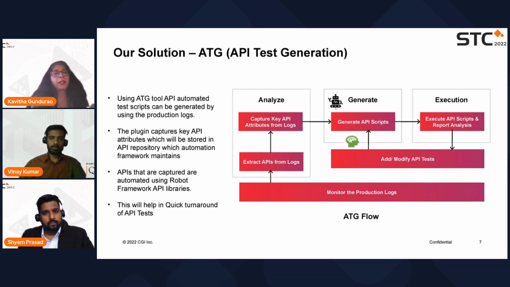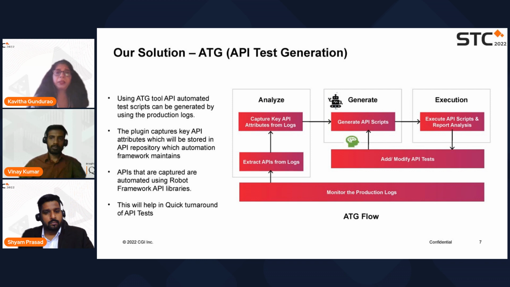We started analyzing these production logs and extracting the APIs, based on what kind of scenarios they're logging, and we captured all the API extracts from the production logs. Then we constructed the API payloads, and fed them into an automation framework we came up with.